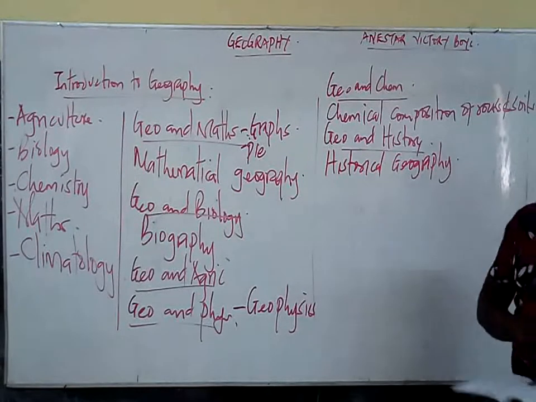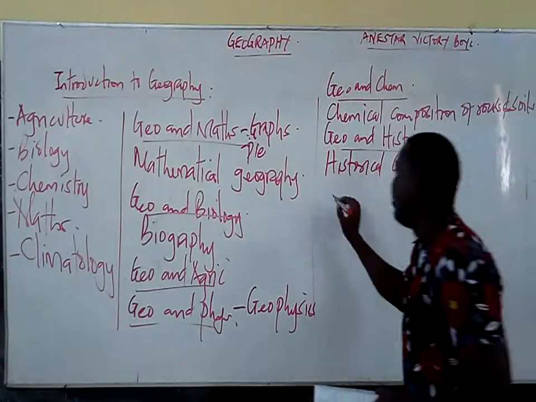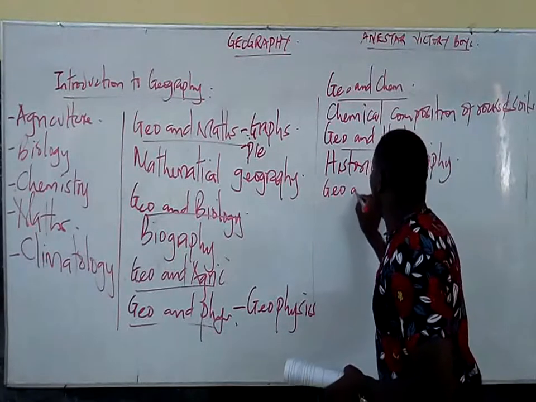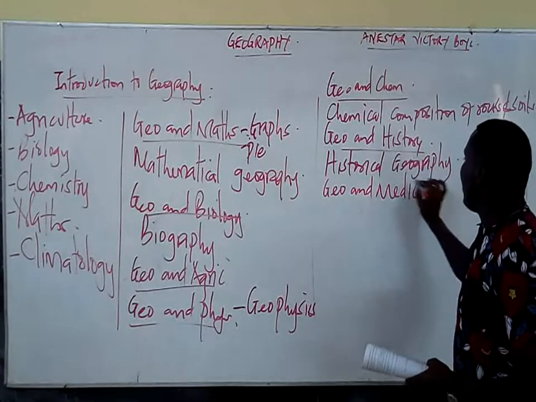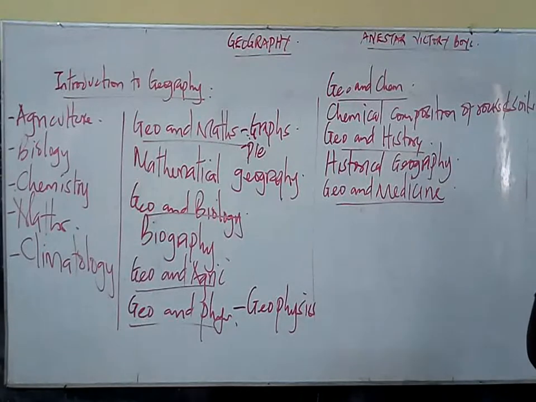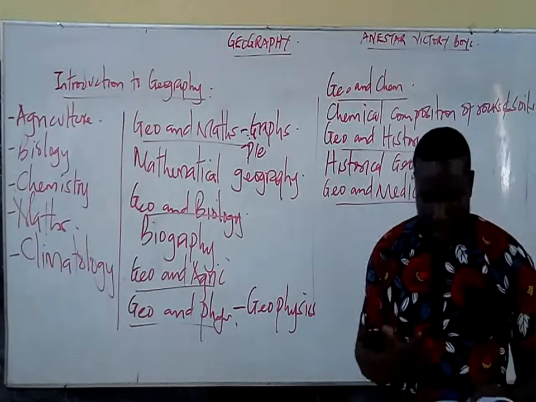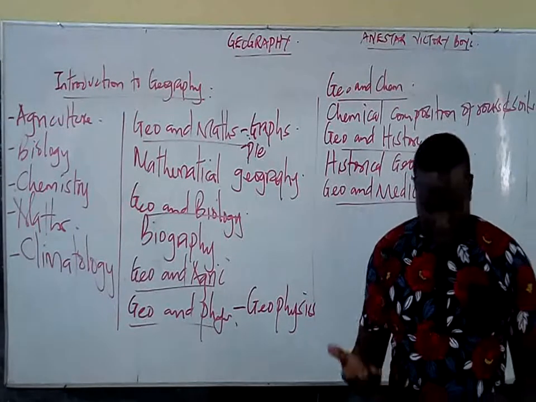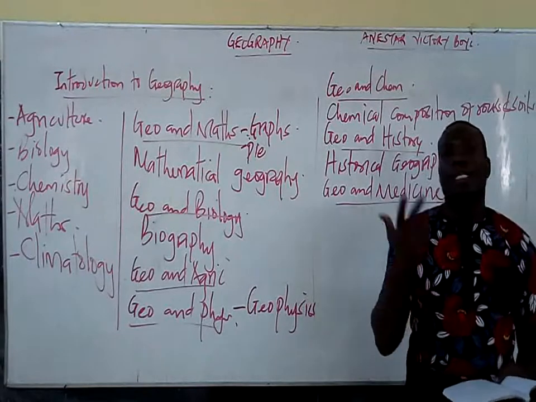Apart from geography and history, we also have geography and medicine. There is yet another discipline that we want to look at. How do geography and medicine relate? Medicine deals with the prevention, diagnosis, and curing of diseases, while geography looks at the distribution of these diseases.